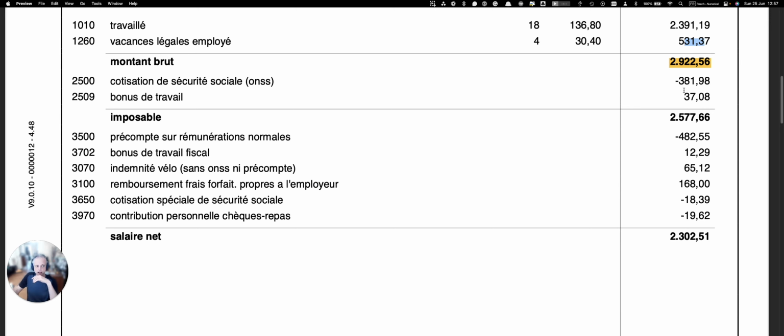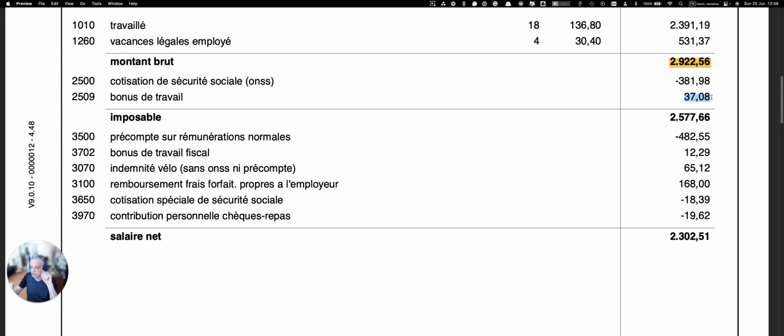And then the line just below, for 37.08, you will notice that it's not a negative, it's a positive, and it's called a bonus de travail or bonus à l'emploi, which is the most common term that we use in Belgium. So this bonus has been created to avoid a situation where, as a jobless person, if you were to get unemployment benefit, you would actually earn more than if you were an employee.